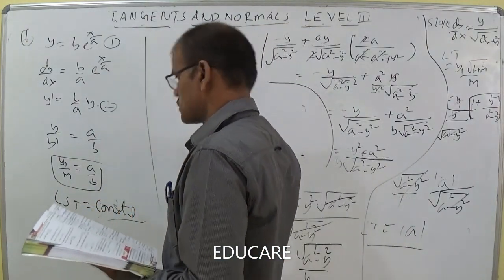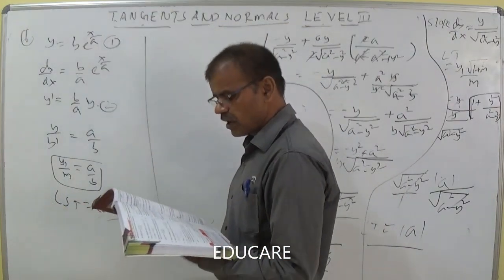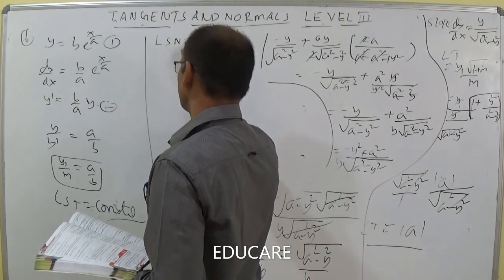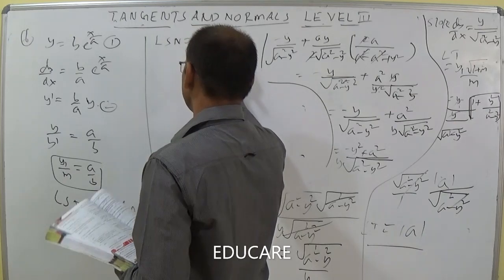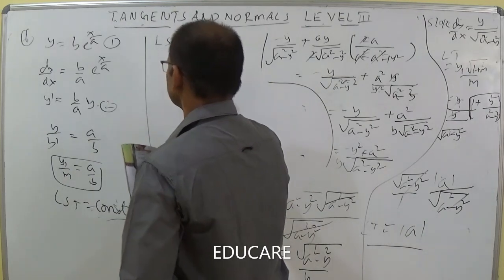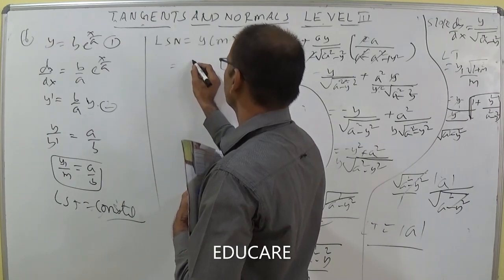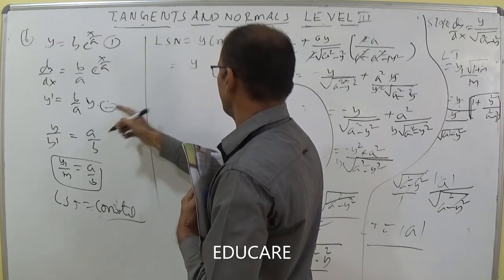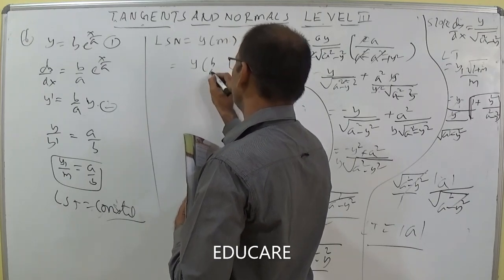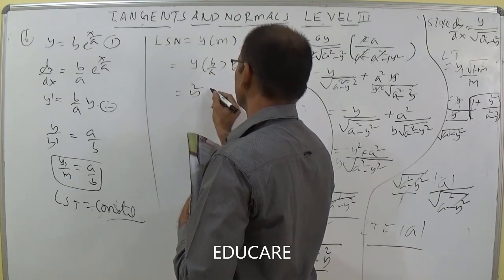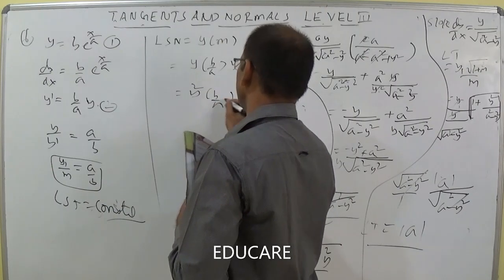It's okay. Next, let us discuss B. Subnormal varies as the square of the ordinate. LSN formula: length of subnormal is y into m. What is the value of y? B into e power x by a, so simply write y. What is the value of m? B by a into y. So it can be written as y square into b by a.